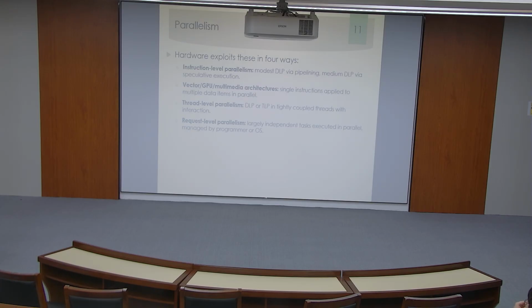The last one is request level parallelism. We have independent tasks being executed in parallel, and this is managed by the operating system or the programmer. So we have these four hardware exploitations: instruction level parallelism, vector or GPU architectures, thread level parallelism, as well as request level parallelism.